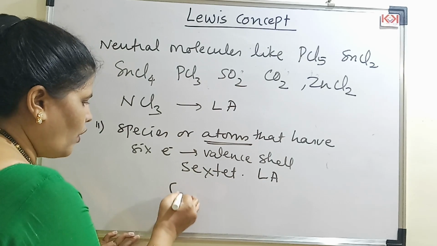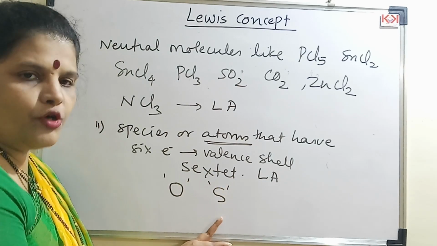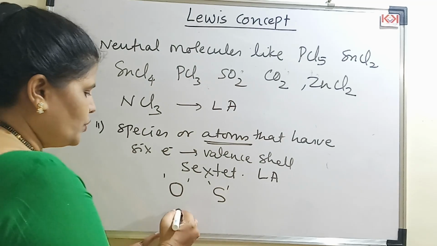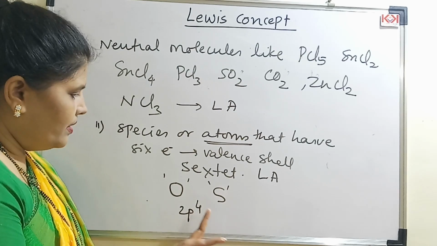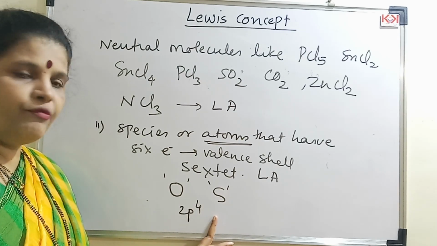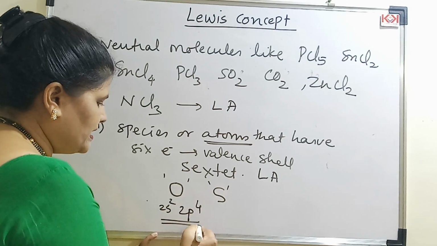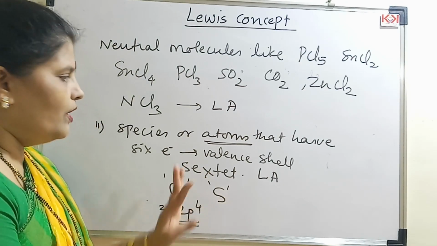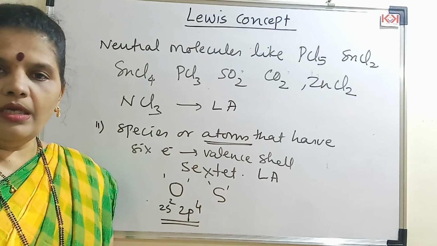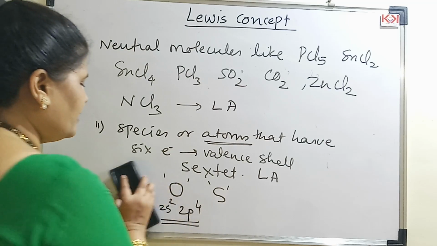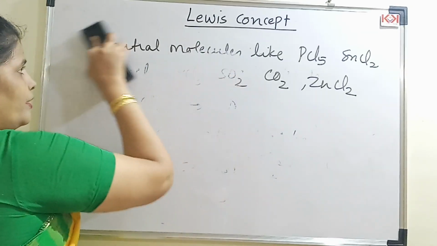I am talking about oxygen atom and sulfur atom. If you see the electronic configuration, it will be 1s2, 2s2, 2p4. It will be 3s2, 3p4. So those having 6 electrons in the valence shell are completing their sextet, and so they are Lewis acids. So those are the rules to classify the given species as Lewis acid or base.